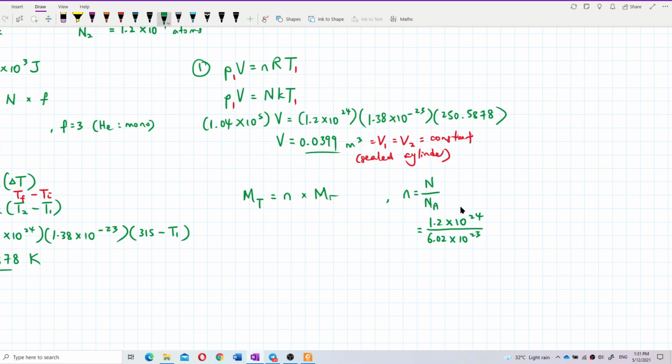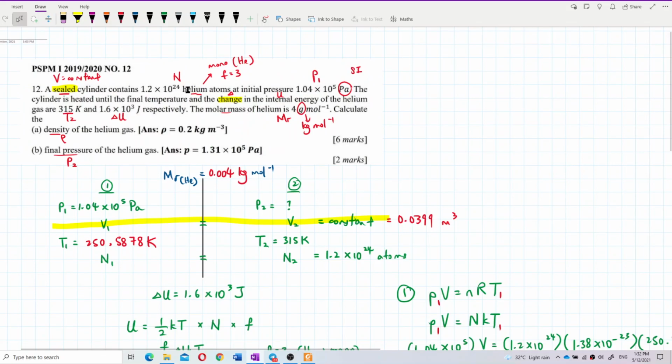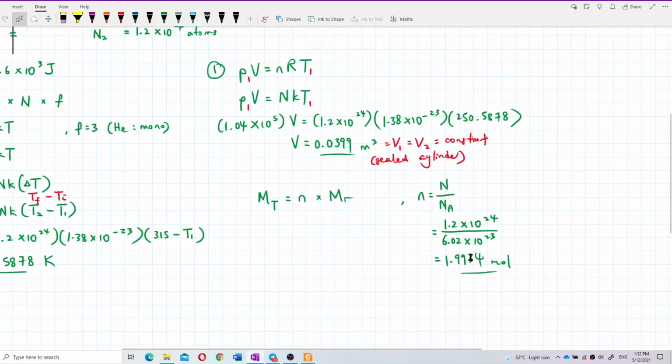So divide these atoms by that. What do we get? I got 1.9934 mole. This is the number of moles in the given total atoms 1.2 exponent 24. We have around 2 moles there.